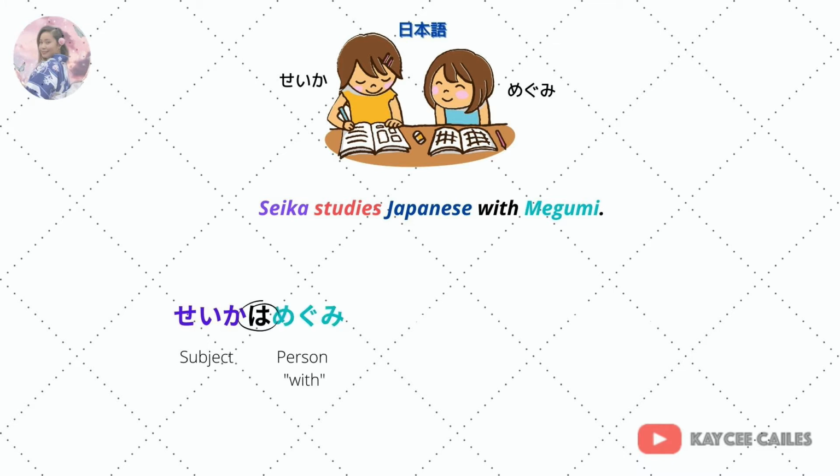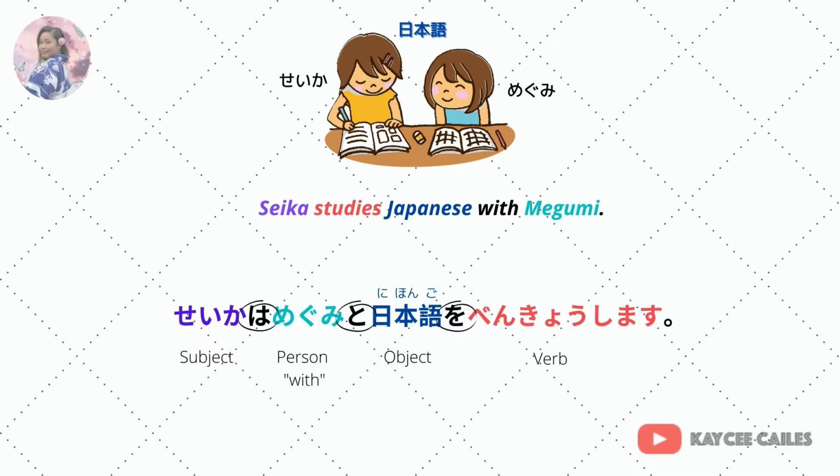Megumi is the person whom Seika is doing the action with, followed by the particle to. Our object is Nihongo, followed by the particle o. And lastly, the verb, which is benkyou shimasu. Seika wa Megumi to Nihongo o benkyou shimasu. Seika studies Japanese with Megumi.